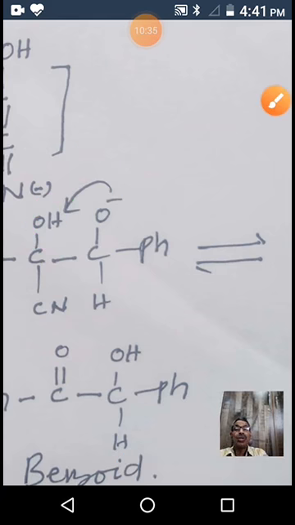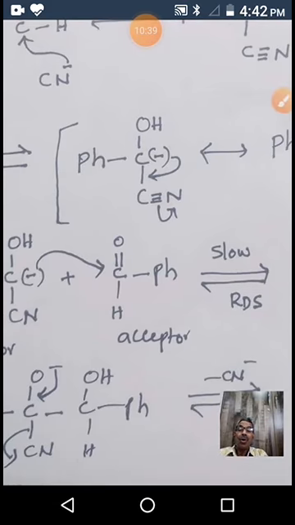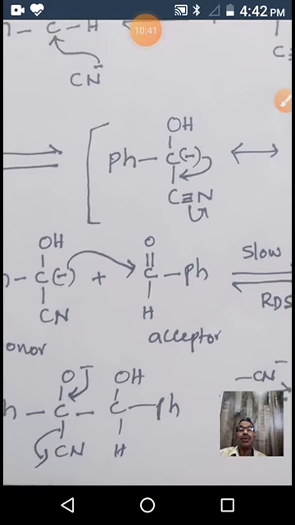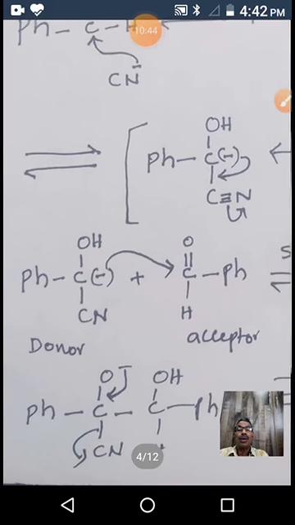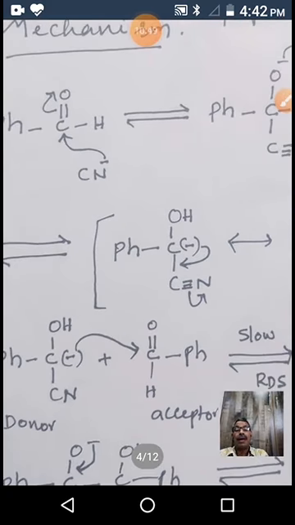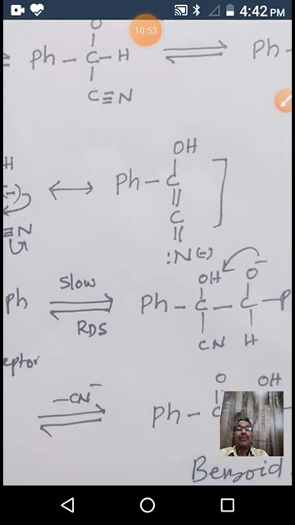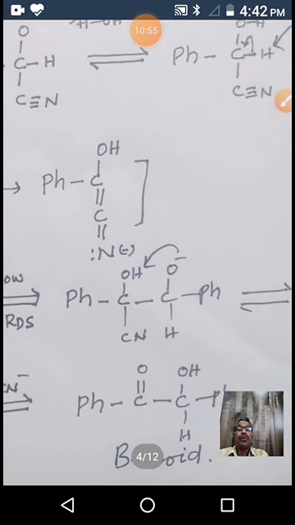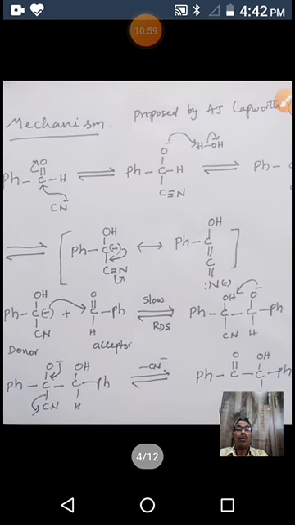So due to the proton shift, we get this type of compound. So this carbanion attacks the carbon, generating this one, and due to proton shift we are getting this type of compound.